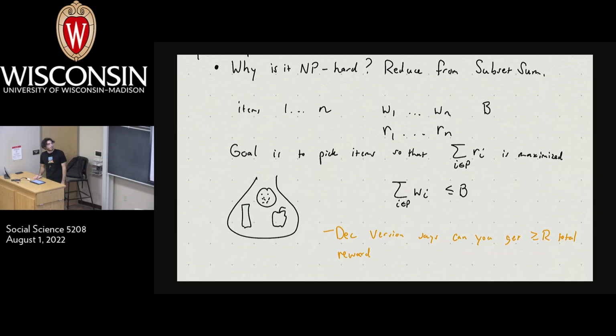Well, remember in subset sum, we want to pick elements that sum up to a target t. And now notice here, we want to have a sum of things be at most B, and a sum of things being at least R. So we could just make both of those t, and then that would tell us we can get a sum of things that is at most t and at least t, so it equals t.